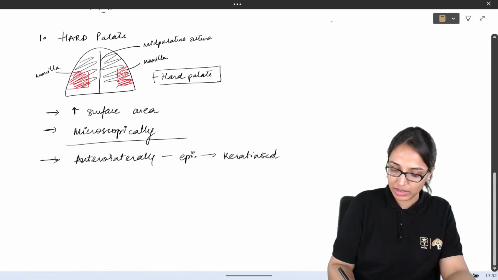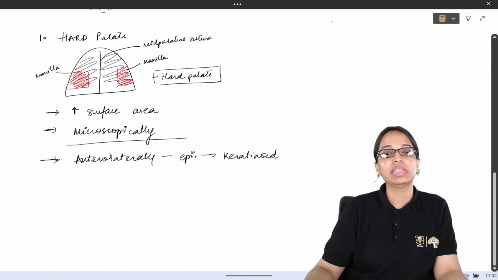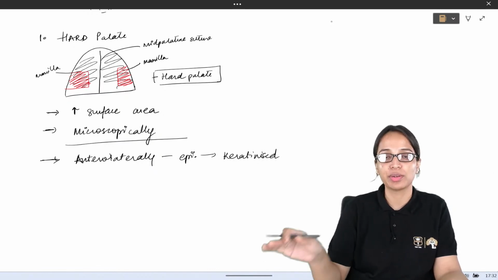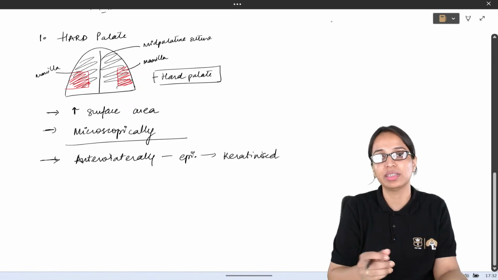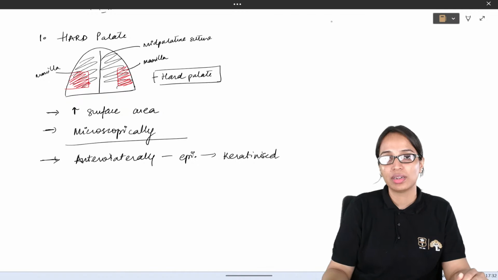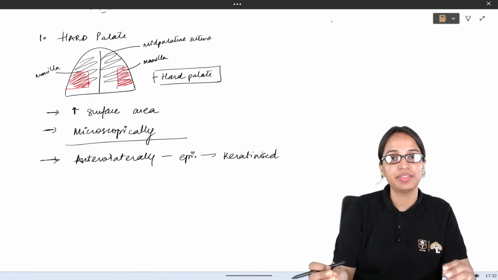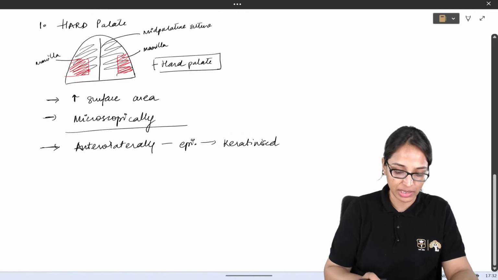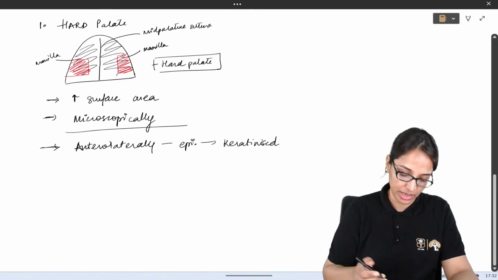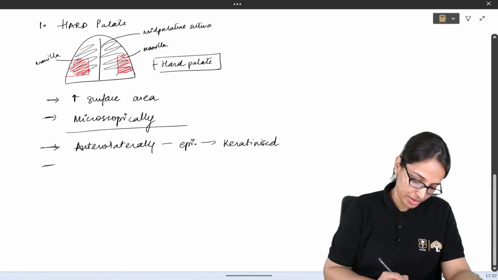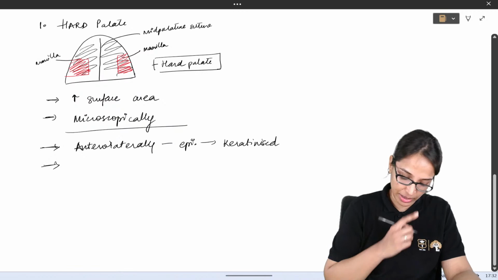Now we all understand from pathology in general that keratinization is a feature which is desirable for support because of the presence of a layer of keratin. It can absorb and then eventually dissipate the forces very nicely. If it is an unkeratinized or non-keratinized mucosa, there is a chance that it can get abraded very easily. So anterolaterally, the epithelium which is present in the hard palate is a keratinized epithelium.